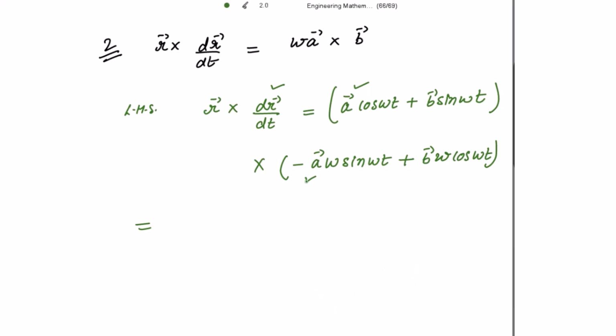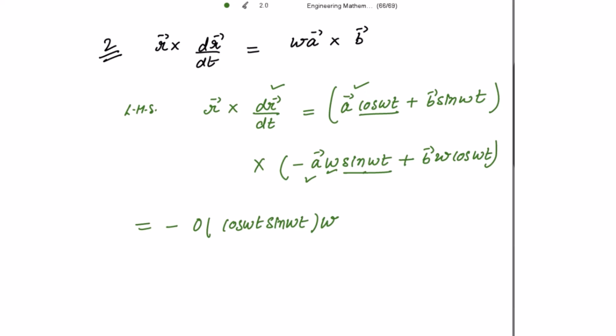So a vector cross product with a vector is 0. And we also have the negative sign over here. Cos wt is multiplied with sine wt. These are scalar functions, so it is cos wt multiplied with sine wt, also there is w.